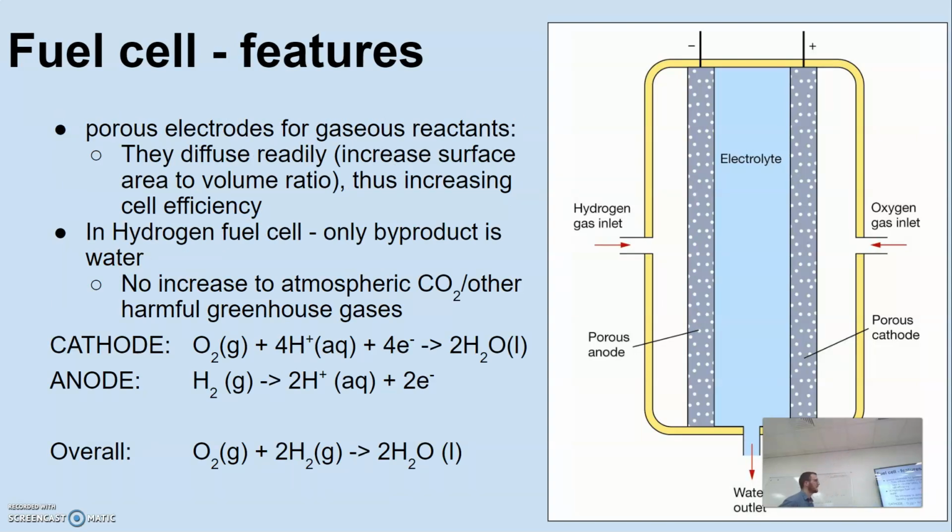Why do we use porous electrodes? Well, porous increases the surface area, right? If we're increasing the surface area, it means that gases diffuse readily through the electrode. Because what is the purpose of an electrode in a galvanic cell or fuel cell? Yes, right.